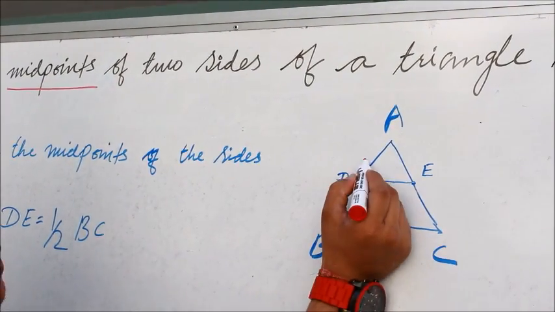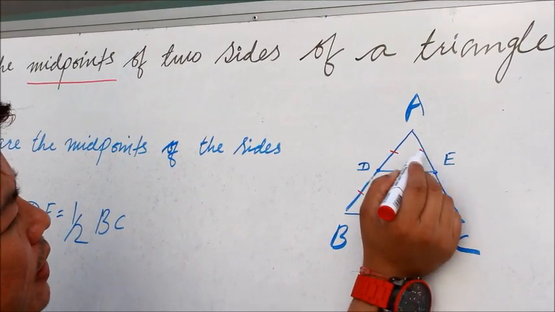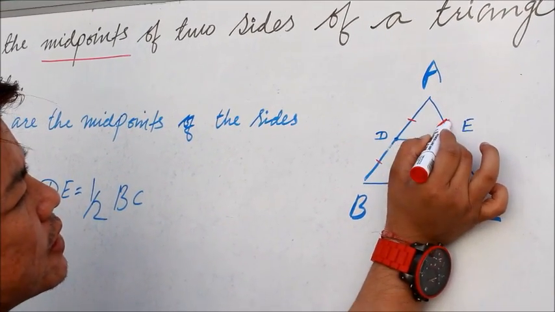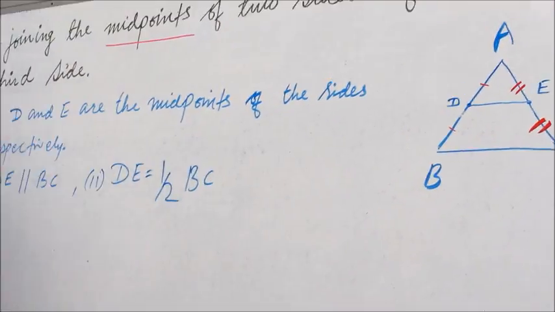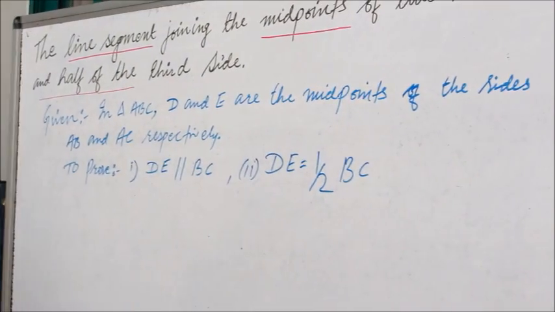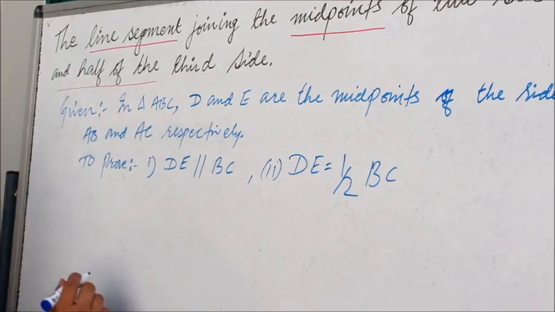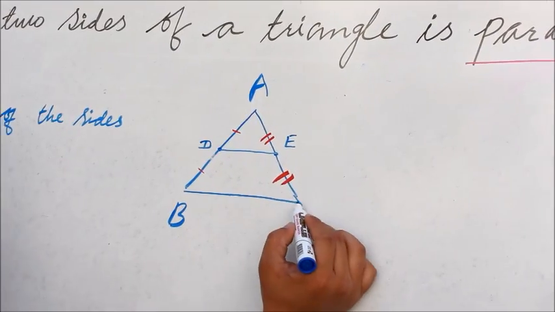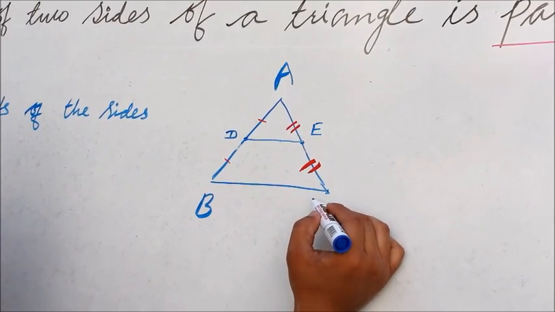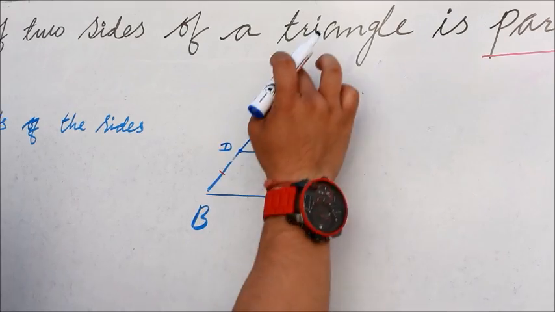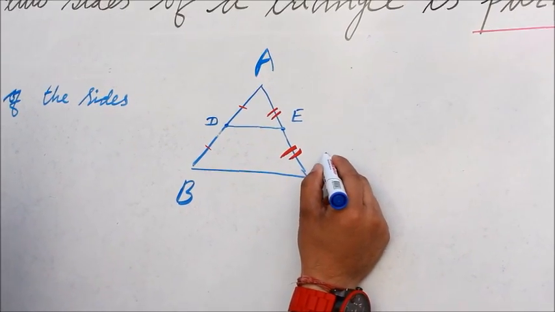Now see the diagram. D is the midpoint of AB, so this part and this part are equal, and E is the midpoint of AC. This part and this part are equal. Now we need to do a construction on the diagram. So how do you make the construction? From the point C, you have to draw a line parallel to BA, like this.